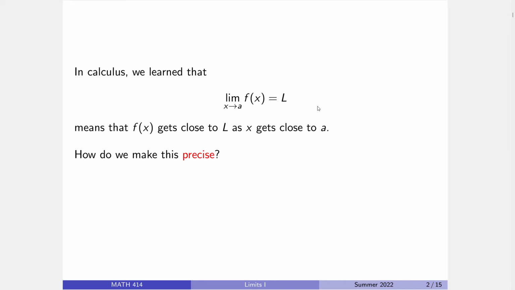So the goal is to make this precise, and in the process of making it precise, also not lose the intuition. And that is one of the problems when you do go to formalize mathematics.